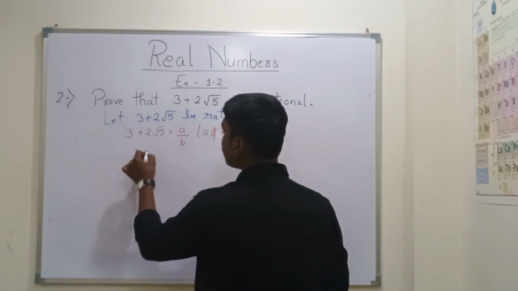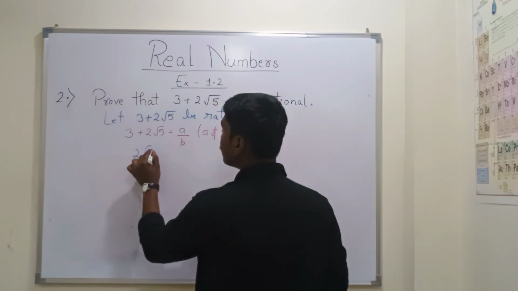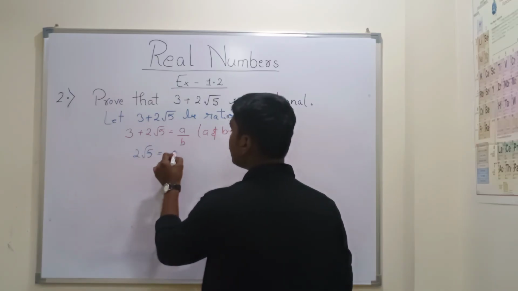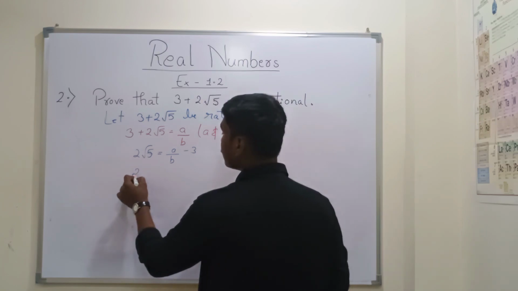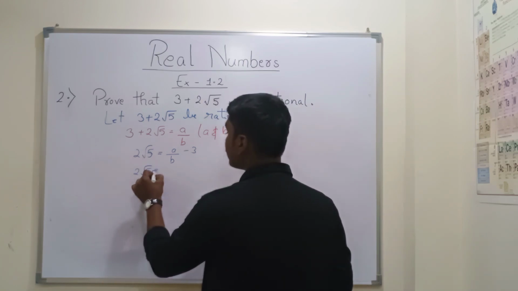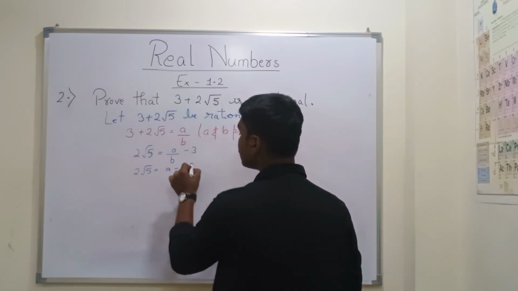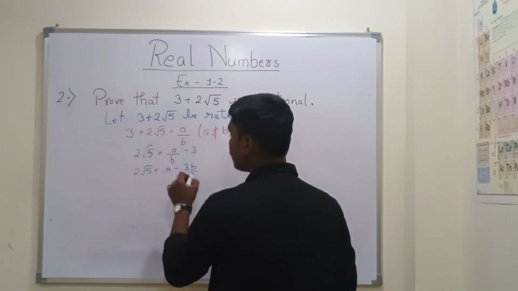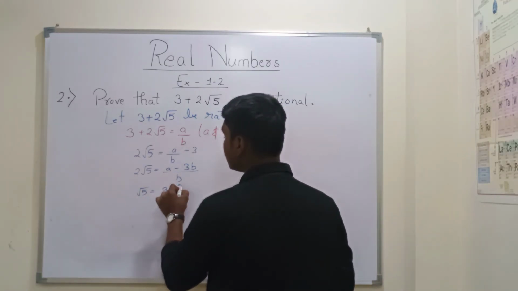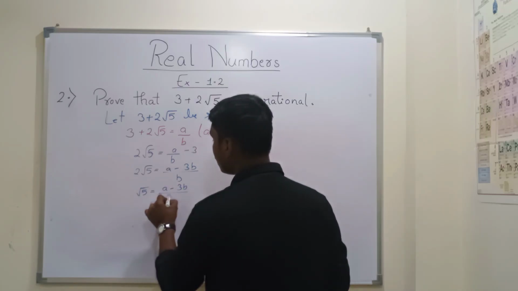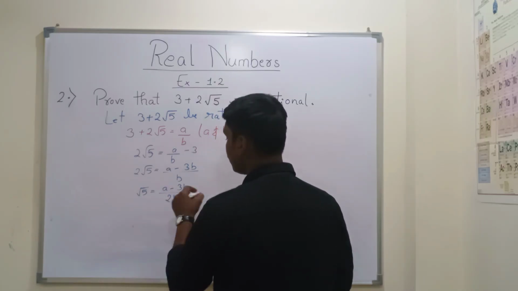Now 2 root 5 will be equals to a by b minus 3. 2 root 5 will be equal to a minus 3b upon b. Root 5 will be equal to a minus 3b upon 2b.